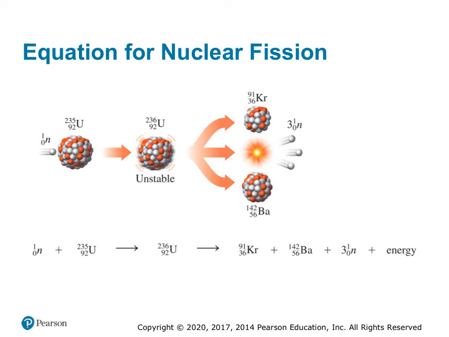That uranium-235 then makes the uranium-236 unstable nucleus, and that unstable nucleus splits into a krypton-91 nucleus and a barium-142 nucleus, releasing large amounts of energy and three more neutrons. And those three more neutrons go on to bombard three more uranium-235 nuclei.